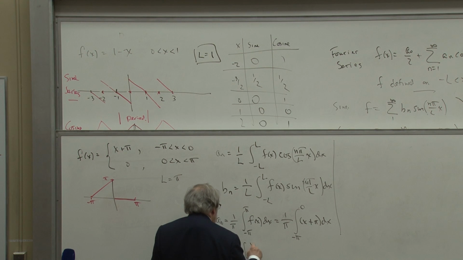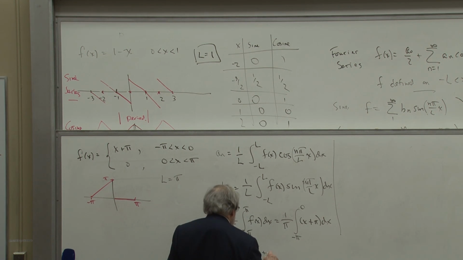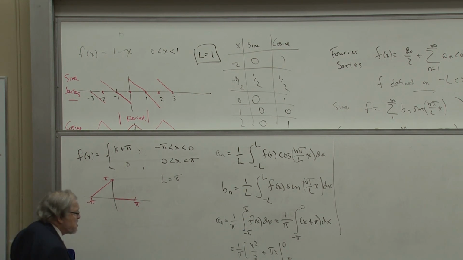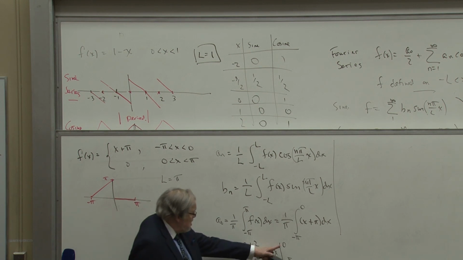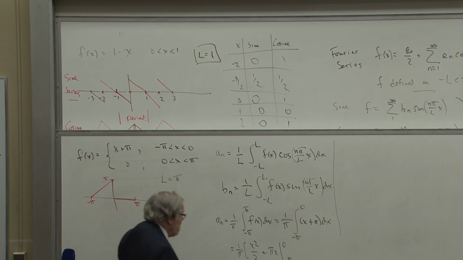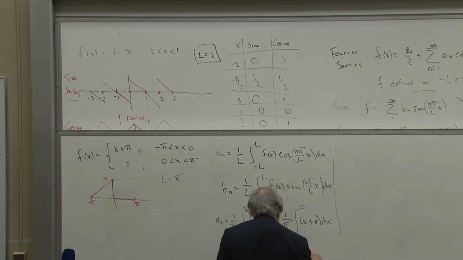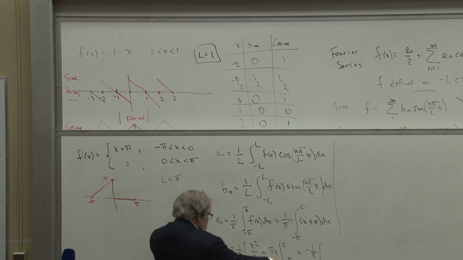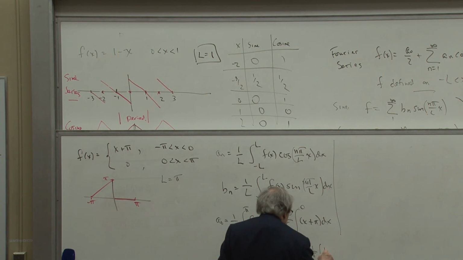The integral of x is x squared over 2. The integral of pi is pi x, negative pi to 0. At the upper limit, the x's are 0. At the lower limit, I have to subtract the value at the lower limit, put in negative pi. That's going to give me a pi squared over 2.